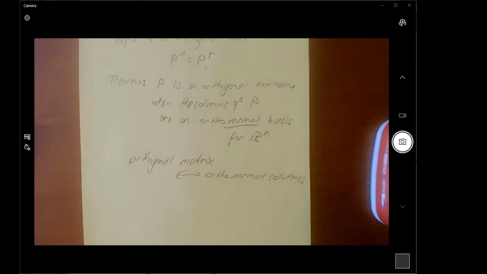So while I'm here, I might as well mention the whole point of wanting an orthogonal matrix is that there's two things that are useful to know about an orthogonal matrix. The first thing is that an orthogonal matrix represents a rotation as a linear transformation, and or a reflection as a linear transformation.